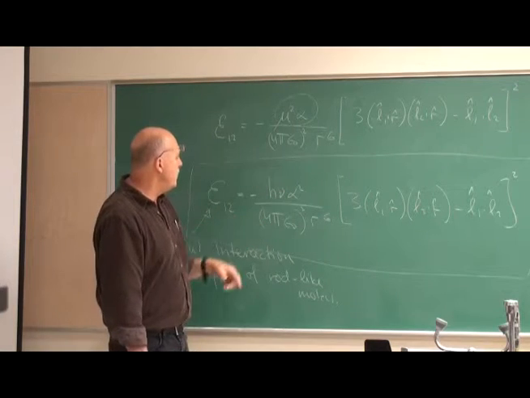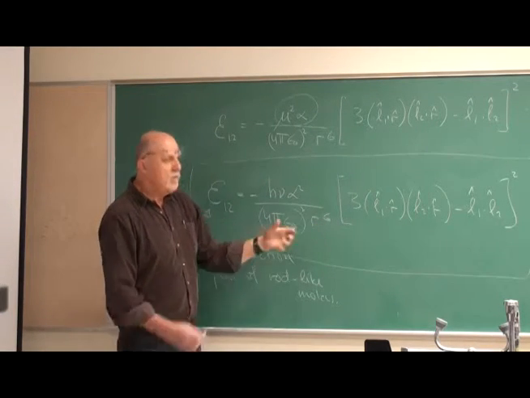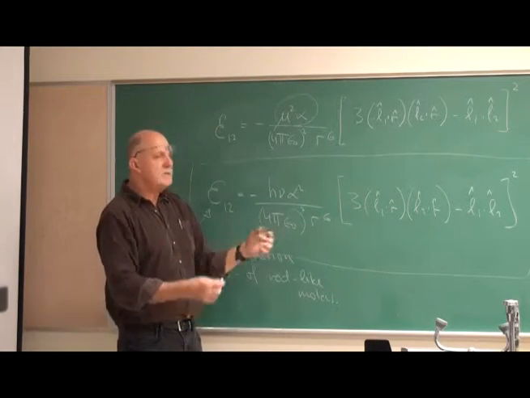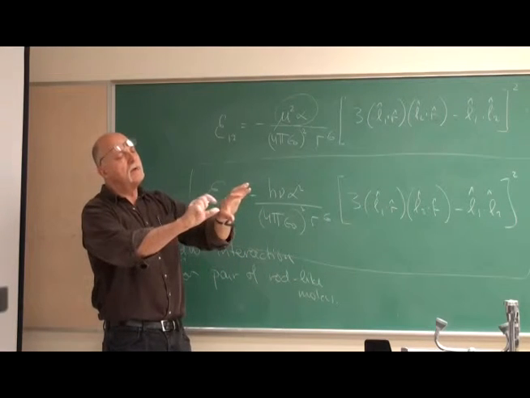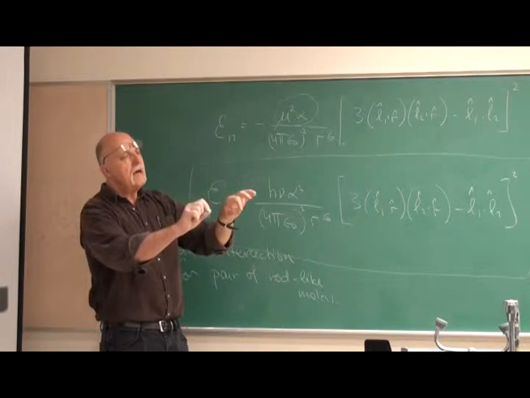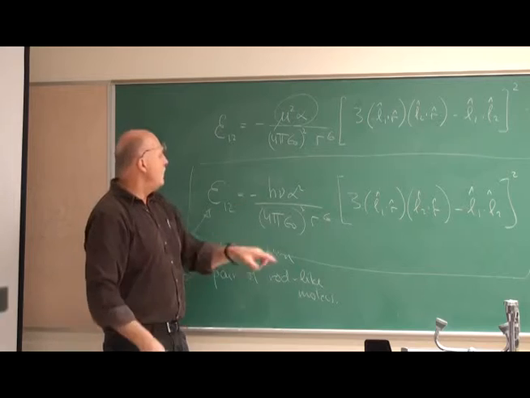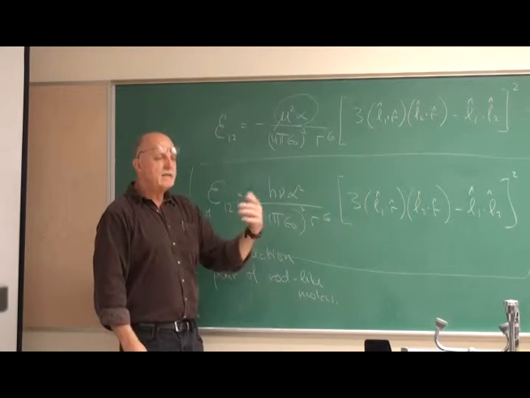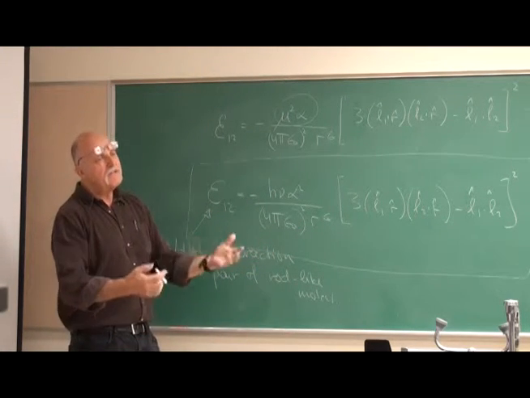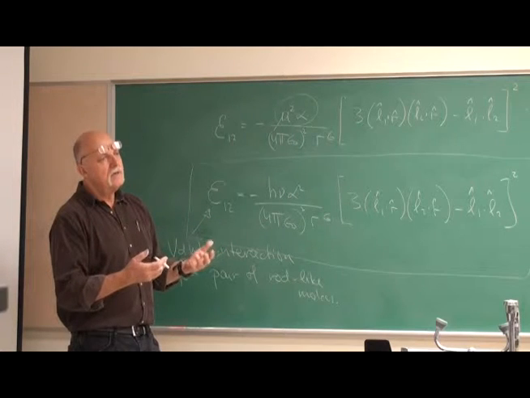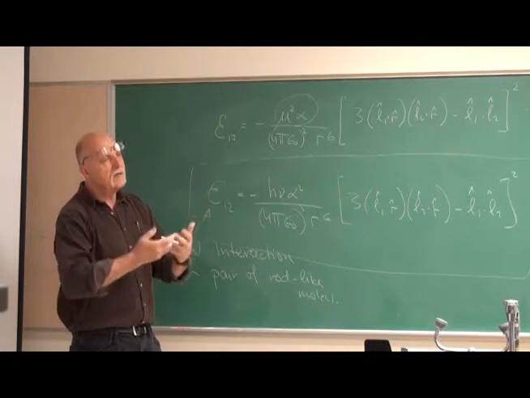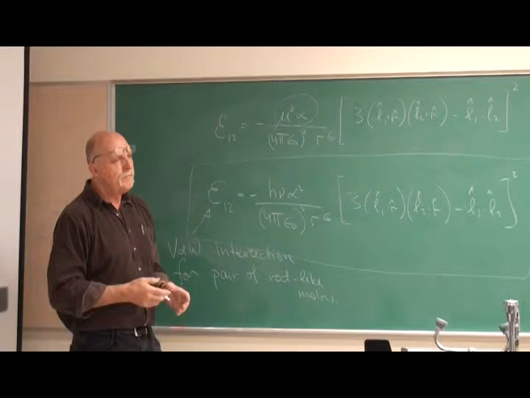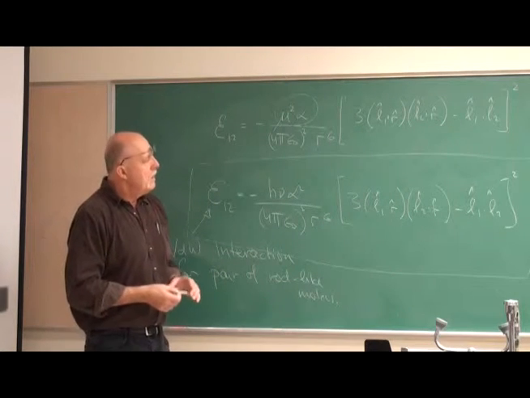But this energy, if you put the separation distance to these two sort of molecular radii, then you get an energy here, and when that's equal to kT, that's when you have the critical temperature where thermal excitations can overcome this attractive force.